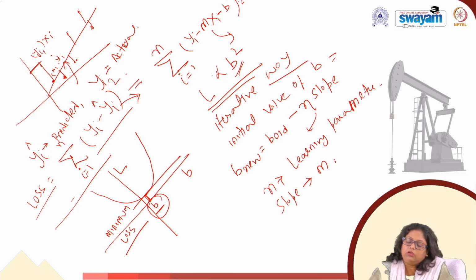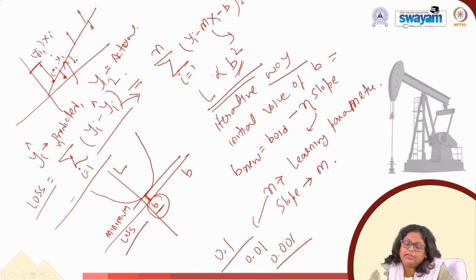First we will assume the value of b. This n is the learning parameter, and this value is normally 0.1, but it may vary. We can keep it 0.01, 0.001, like that its value may vary. And m is the slope.